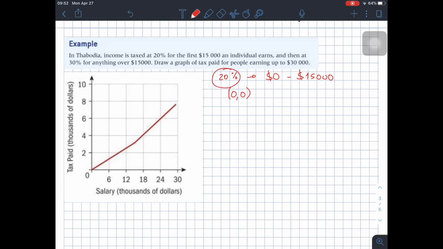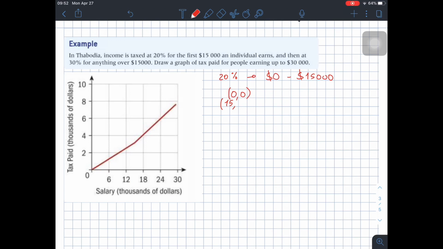15,000, and we're charged 20% of 15,000, which is 3,000, right? So another known point would be (15, 3). You see that here it's written in thousands, so instead of writing 15,000, we're just writing 15.